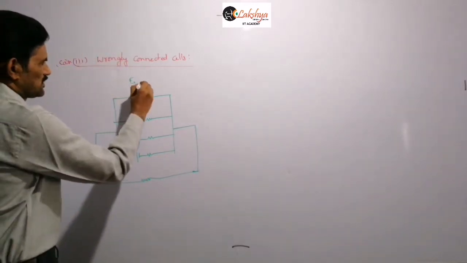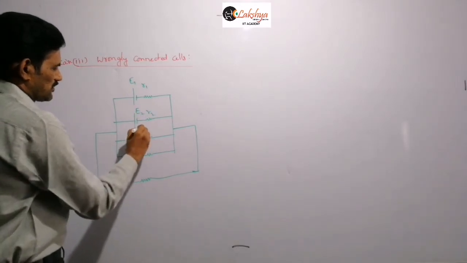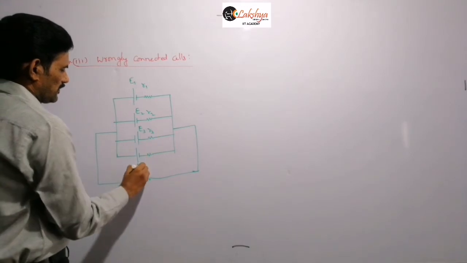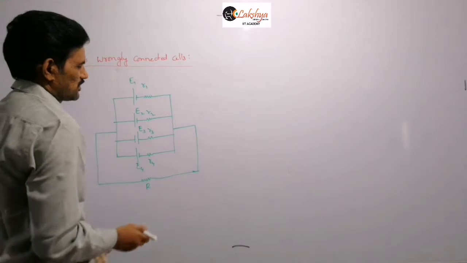Suppose this is E1 R1, and this is E2 R2, and this will be suppose E3 R3, and this is E4 R4, right? And these external resistances are.